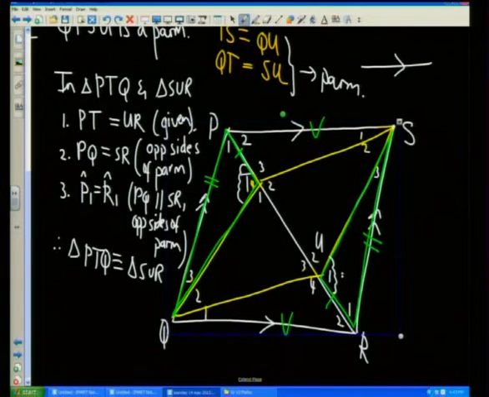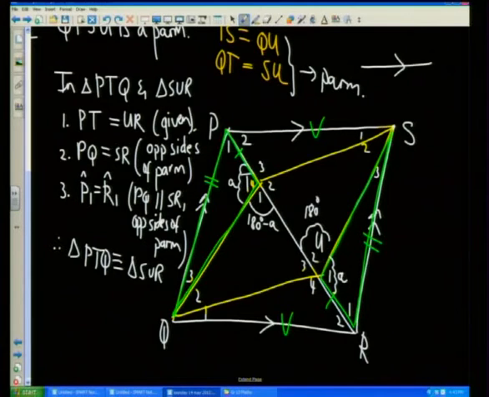Let's make this A. If that is A, then this one's also A, which makes how big is T1 then? If T4 is A, then T1 is 180 minus A. And if U1 is A, then U2 is 180 minus A.